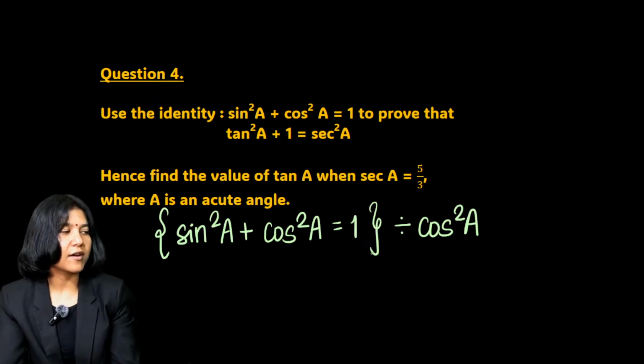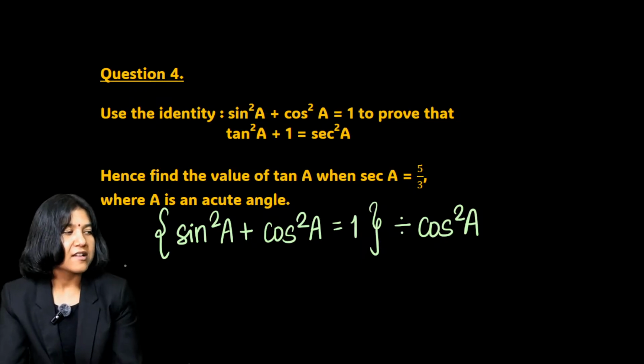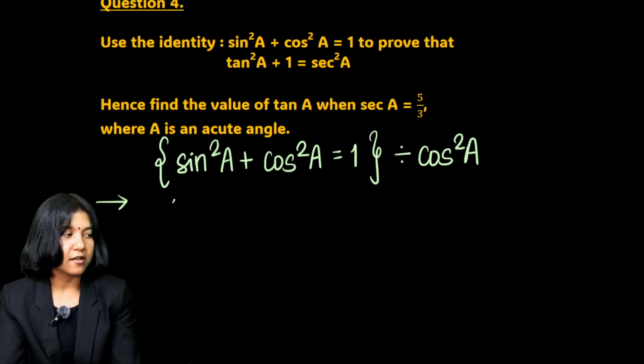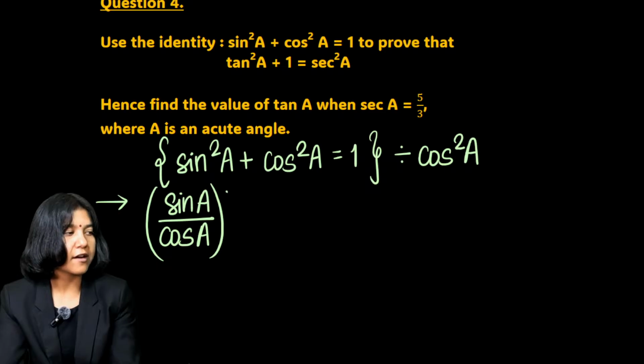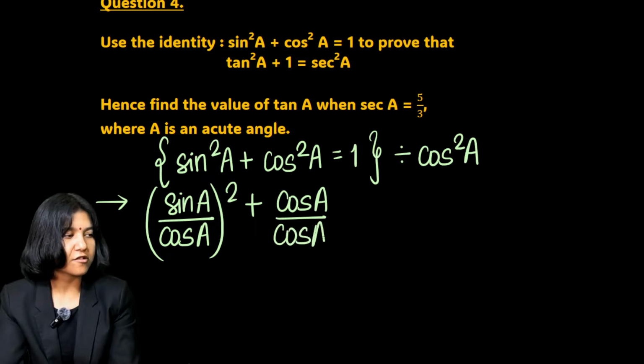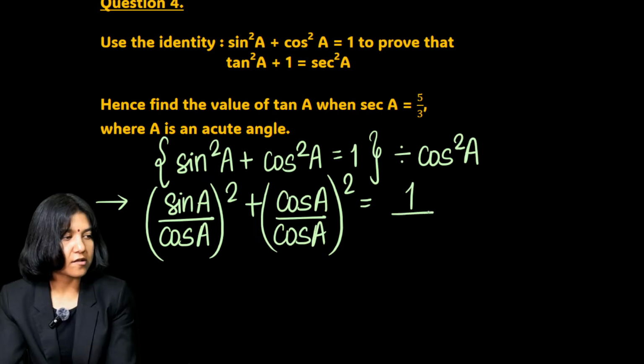So I'm dividing each term at a time by cos square a. Sin square a divided by cos square a will simply give me, I'll write it first because they want you to show your steps during your exams, sin a upon cos a the whole square plus cos a upon cos a the whole square equals 1 by cos a the whole square.